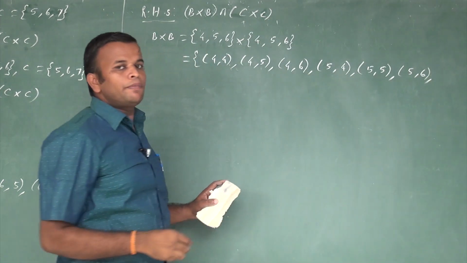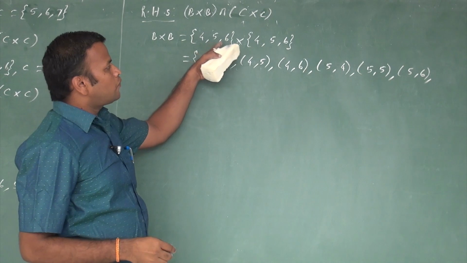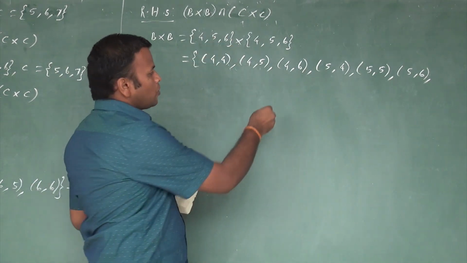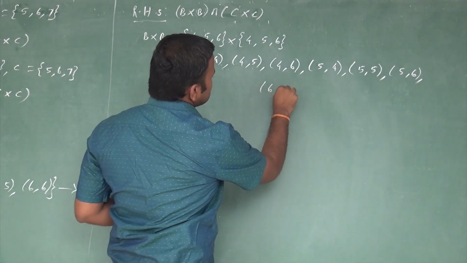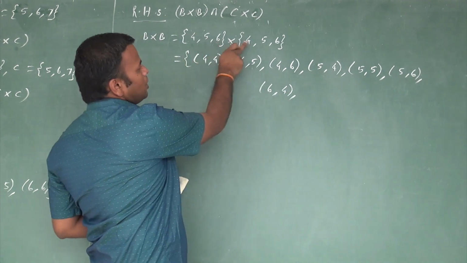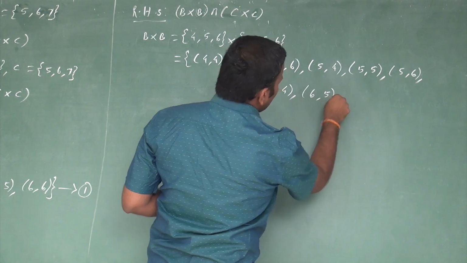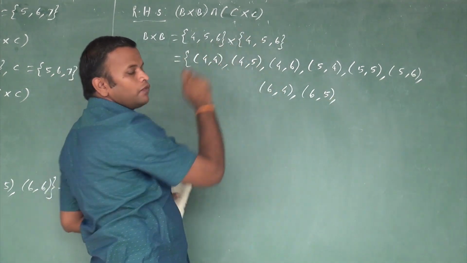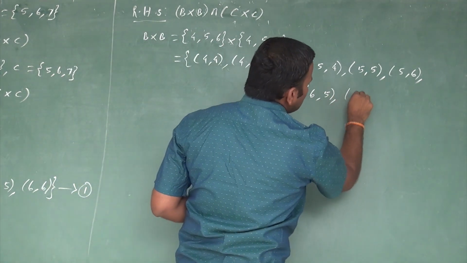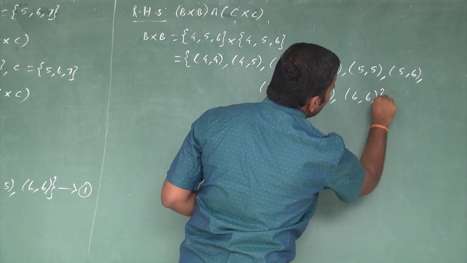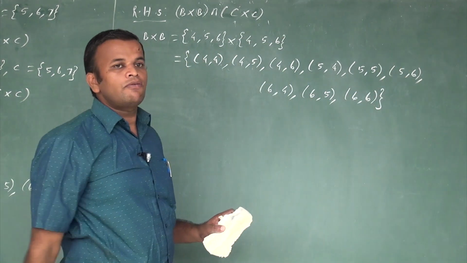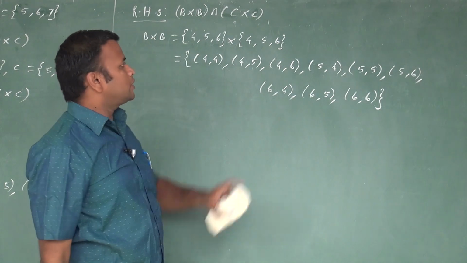Next possible ordered pairs: the next number after 5 is 6. We do the same work. So 6 comma 4, 6 comma 5, and the last possible ordered pair is 6 comma 6. So this is the value of B cross B.